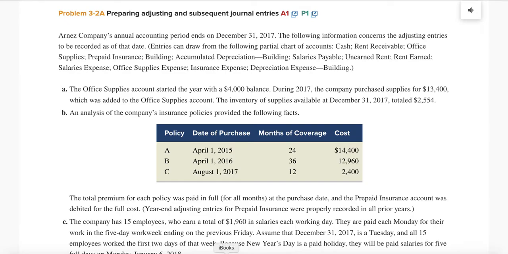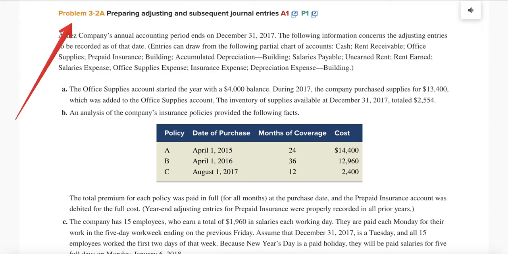So the question that we were wanting to address was problem 3-2. And since all of you guys will have your own set of numbers, I can't really answer the question directly to the numbers that each of you has.